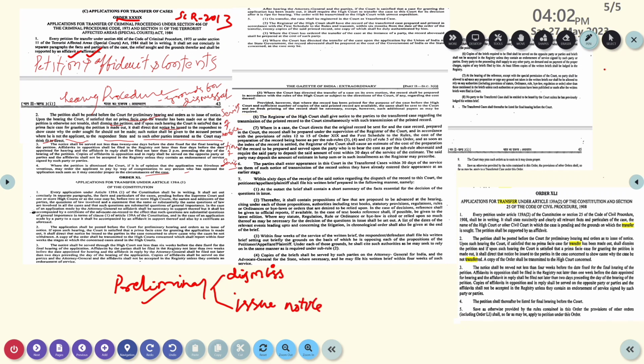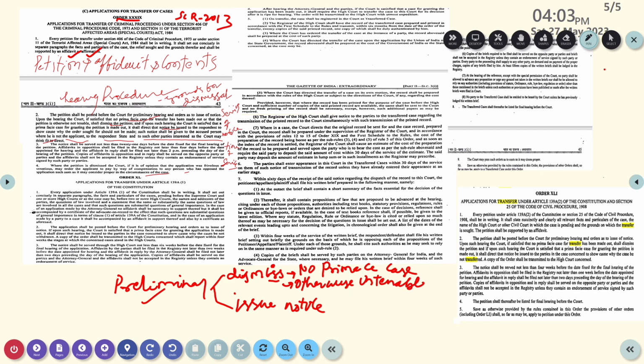What are the grounds available to the court to dismiss the petition? One is no prima facie case. Second is otherwise untenable.